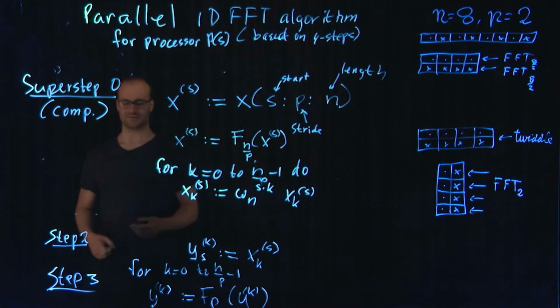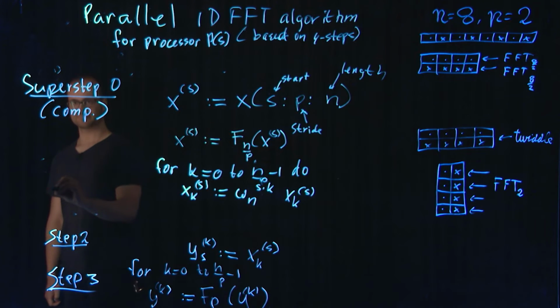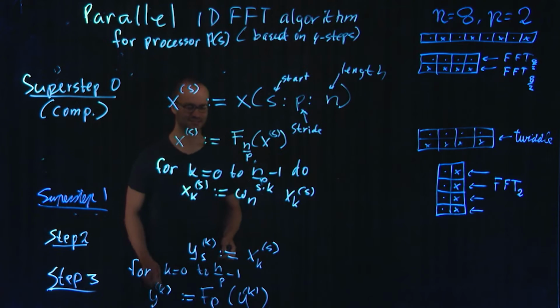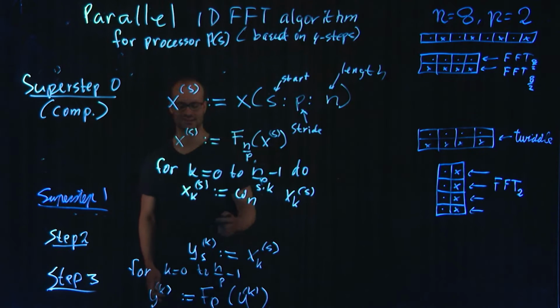For super step 1, we are going to do the transpose, which is a communication. I will show how it works, and you will either have to trust me or watch the next video to see why this is actually correct. So what we're going to do is that at processor S, we are going to split up our array into p strided subarrays.